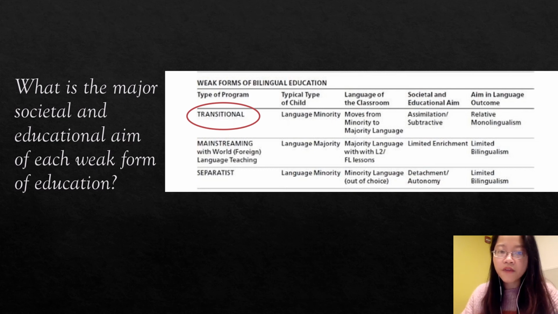The goal of this method is still for students to become solely English-speaking and to not use their native language. That's the end goal. This method is typically found in areas where most people do not speak the native language, their first language.